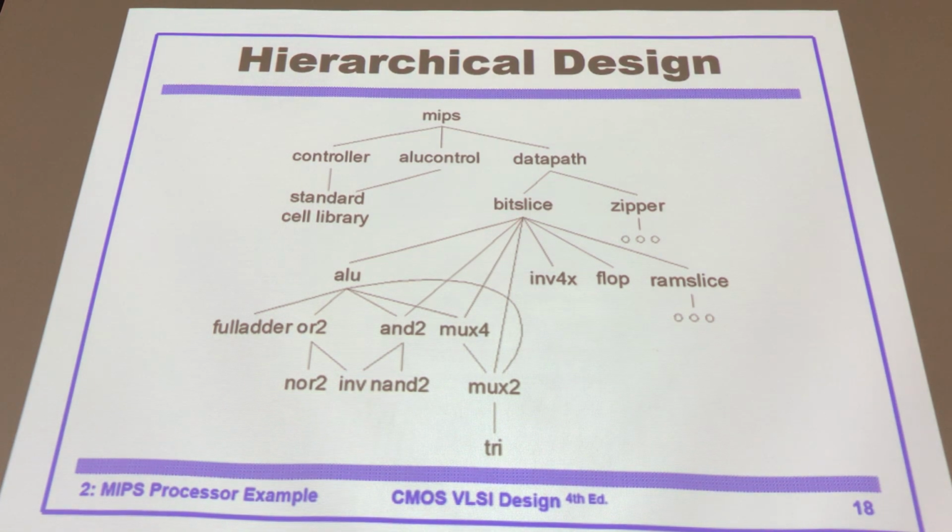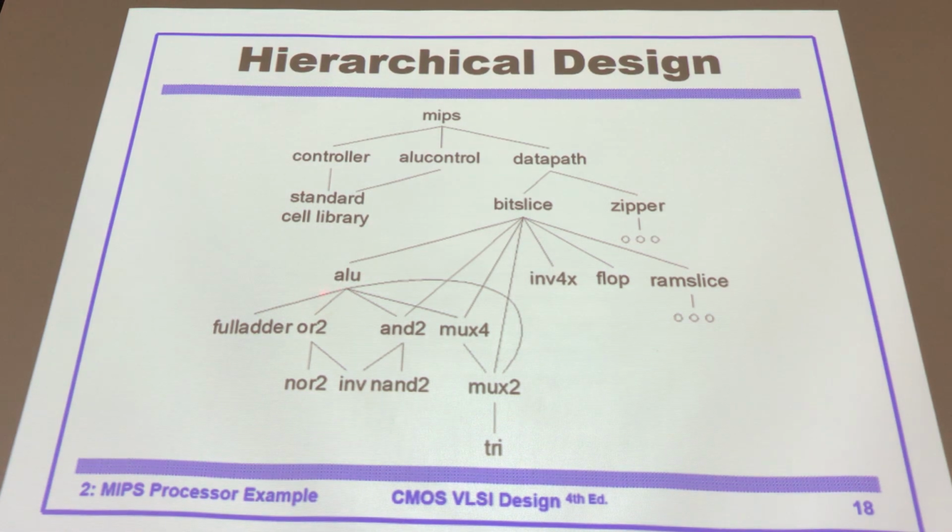So we are going to show that in a few minutes. For the 8-bit slice, it might have ALU, inverter, flip-flop. This is for RAM, for memory, the VLSI slice. It's for 1 bit, only 1 bit.